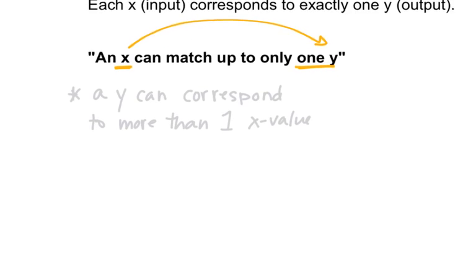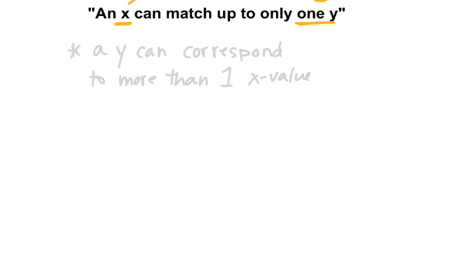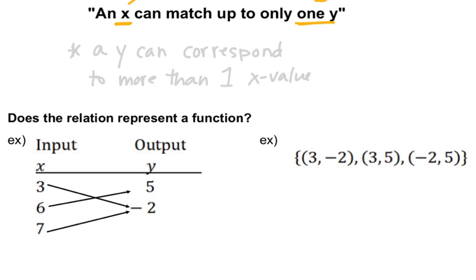So what does this mean visually, and how do we know if something is a function? Here we have two relationships, two examples, and we want to determine if each x or input value matches up to exactly and only one y value.